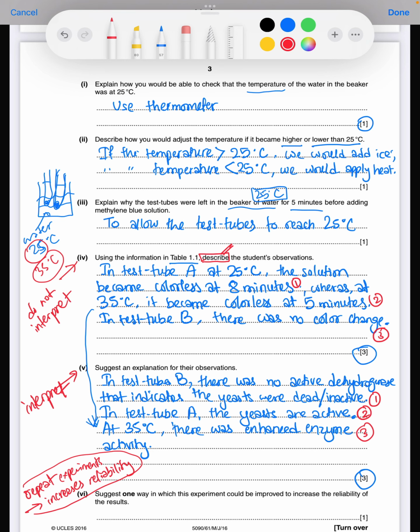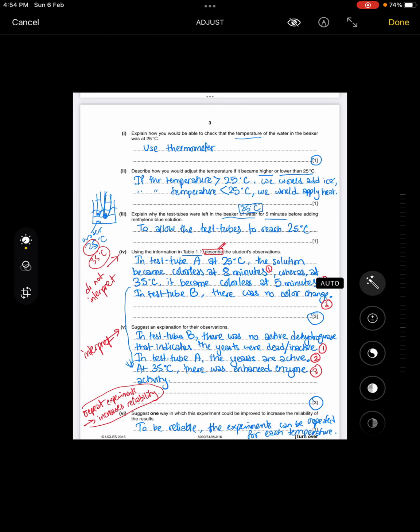So you can say to be reliable, the experiments can be repeated for each temperature. Okay, that gives you 1 point. Moving on to the next page.